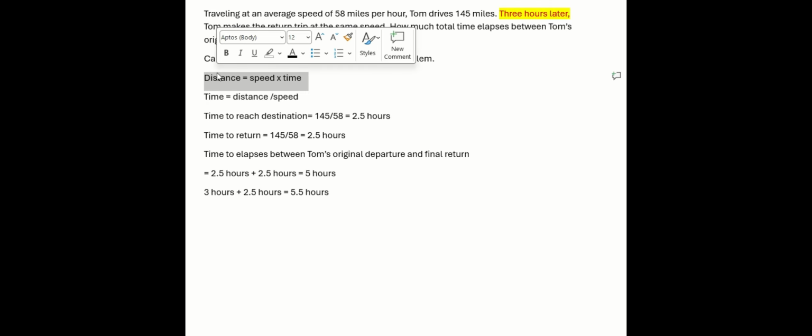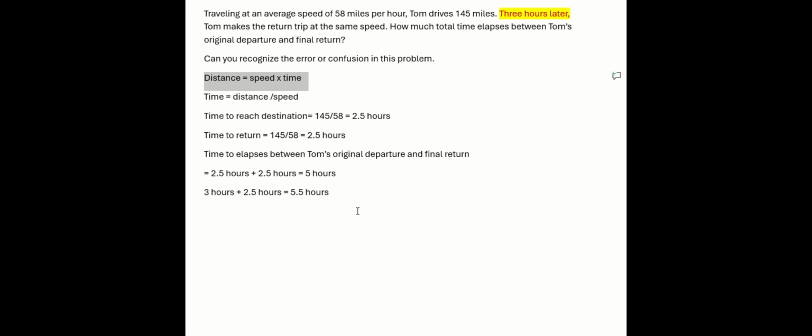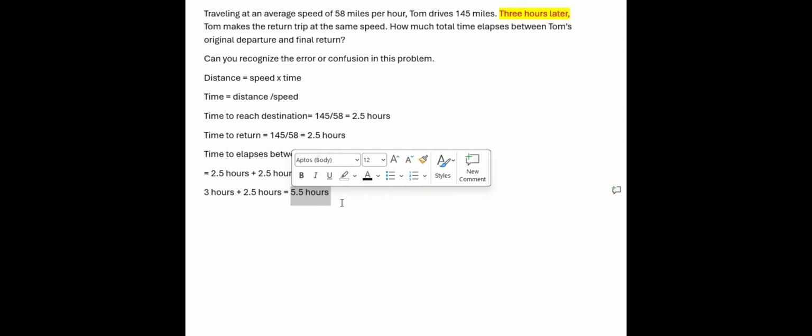So in this case, don't worry about "3 hours later." Just use the formula to calculate the time to reach the destination and the time to return. Otherwise, you will pick 5.5 hours, which is the wrong answer. So that's what I mean in this problem.